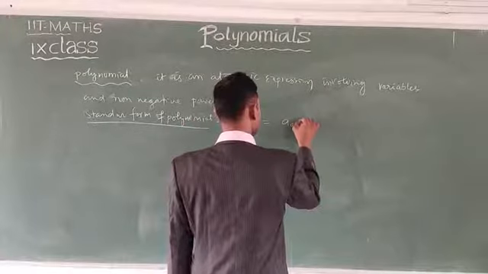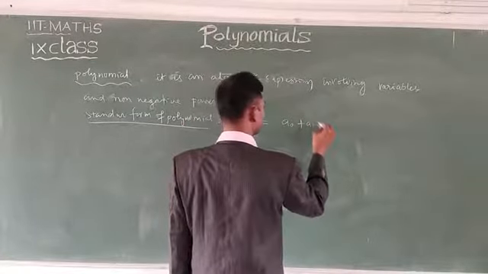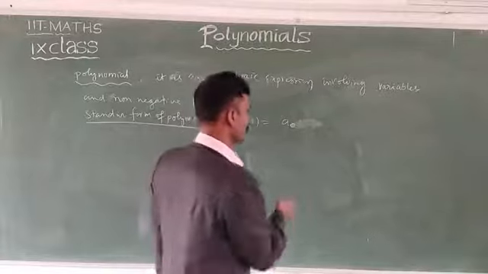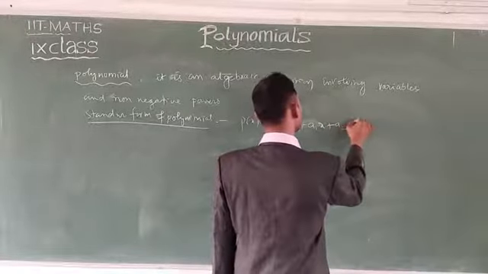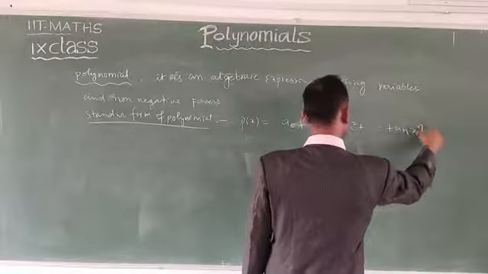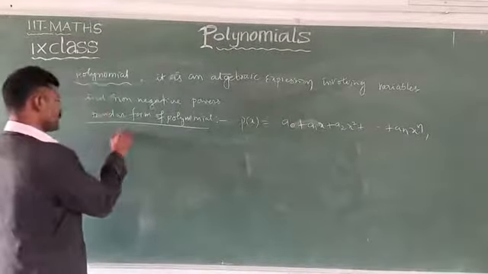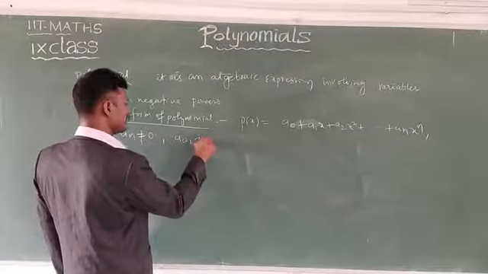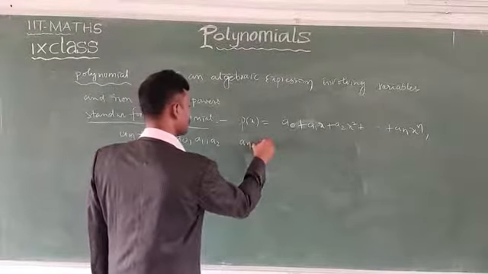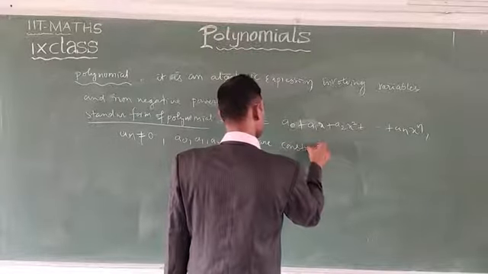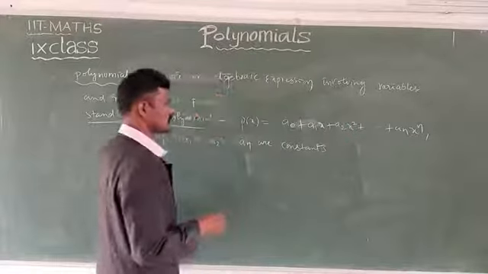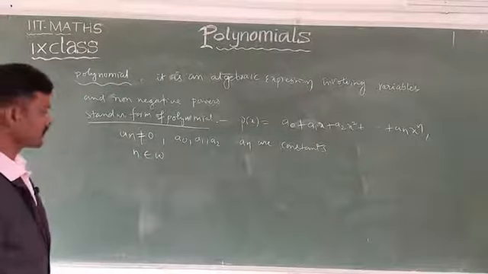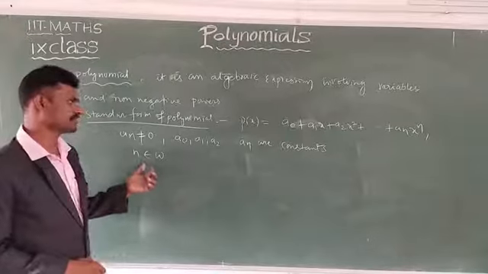Here a0 plus a1 x plus a2 x square plus, and so on, up to an x power n, where an is not equal to 0, and a0, a1, a2, up to an are constants, and here n belongs to W or Z plus, that means these are non-negative integer powers.